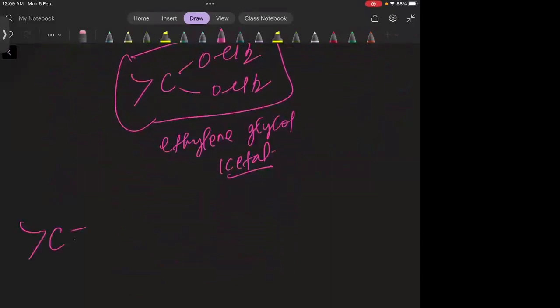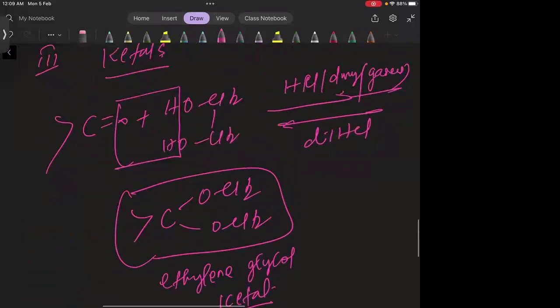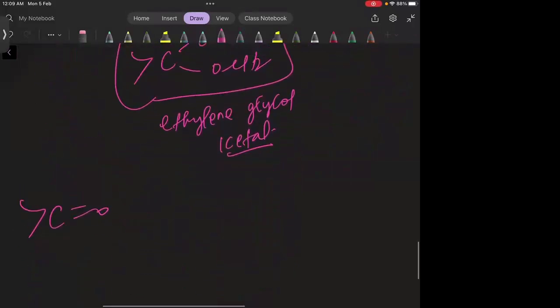Now, do you understand how it will happen? See, first we have taken the dilute HCl. So either you make the protonated alcohol, or you make the direct attack on the carbonyl compound and form the more electrophilic species. When we take H plus ions, the oxygen attacks the proton, and it forms the OH plus.